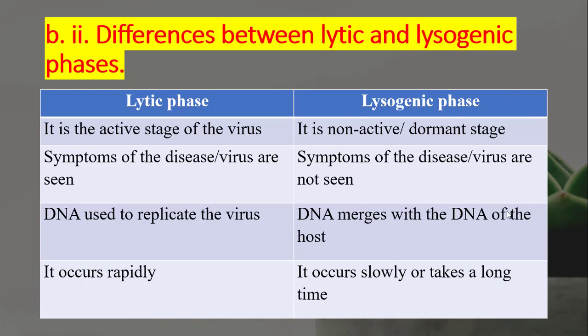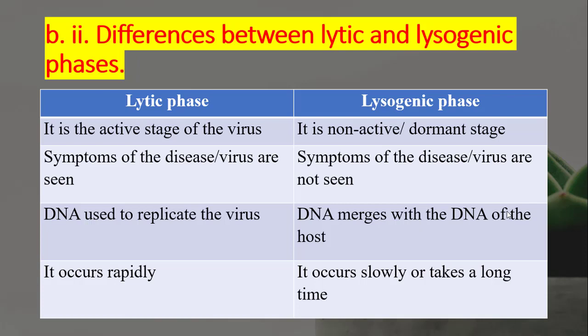You can also say that the active lytic stage involves the manifestation of the symptoms of the disease of that virus. If it's polio, you see the polio symptoms, and so on. If coronavirus, you see it, and so on. In the lysogenic phase, you do not see the symptoms of the disease. The virus activities do not lead to disease.